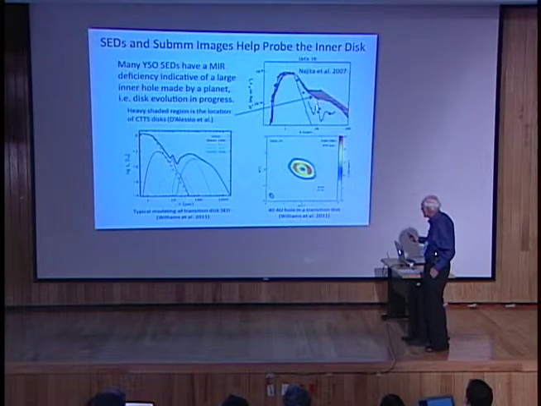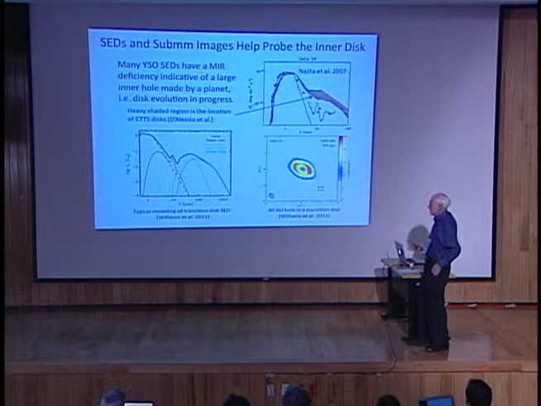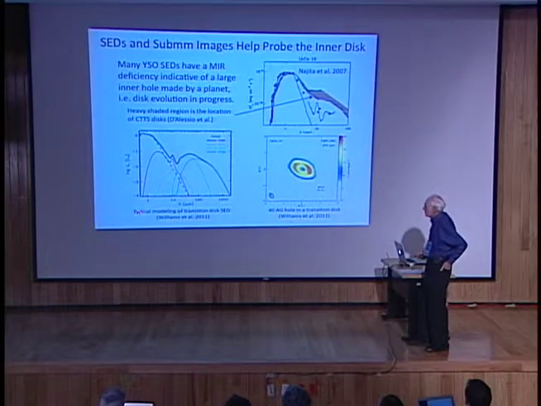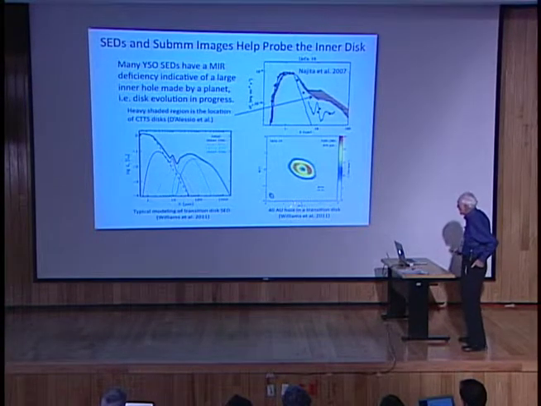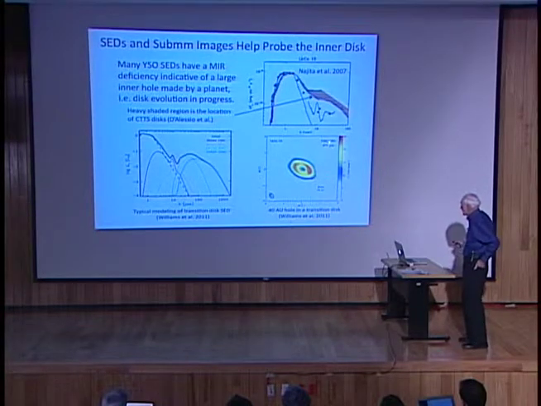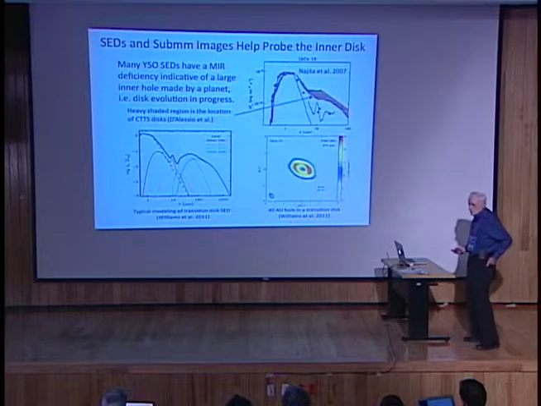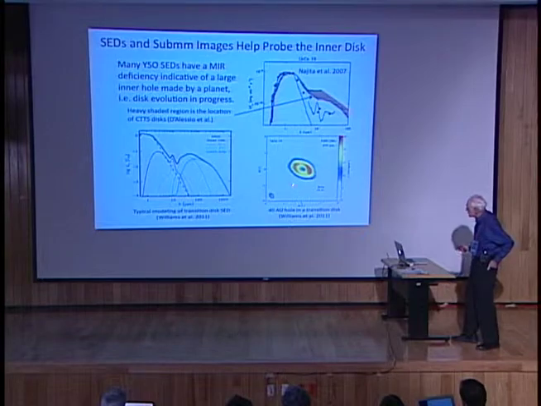Here's the famous silicate feature. And in order to model these, there are various things that are done, and this is just an example by Williams et al., who also made this very beautiful image at about 800 microns of this particular transition disk, and you can see the hole in the disk.